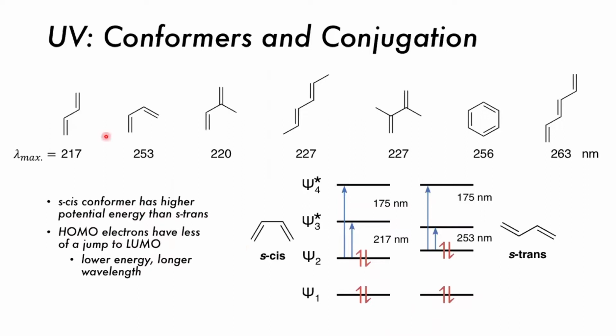You can see here the effect of the different geometries and conformers on the wavelength that they absorb. So more conjugation, longer wavelength. Both of these have 3 double bonds, only this is linear and this is cyclic, and that affects the wavelength. You can see that in benzene, the energy is slightly higher than in this linear triene.